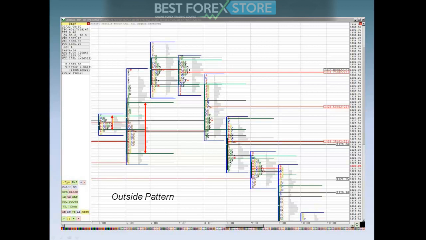Let's take a look at what happens. We begin with a standard outside pattern, and then all of a sudden comes the D period, and take a look at what happens. Volume comes in, pushes prices higher. But before it did that, you see the outside pattern, you see the uncertainty, and you see the volatility.